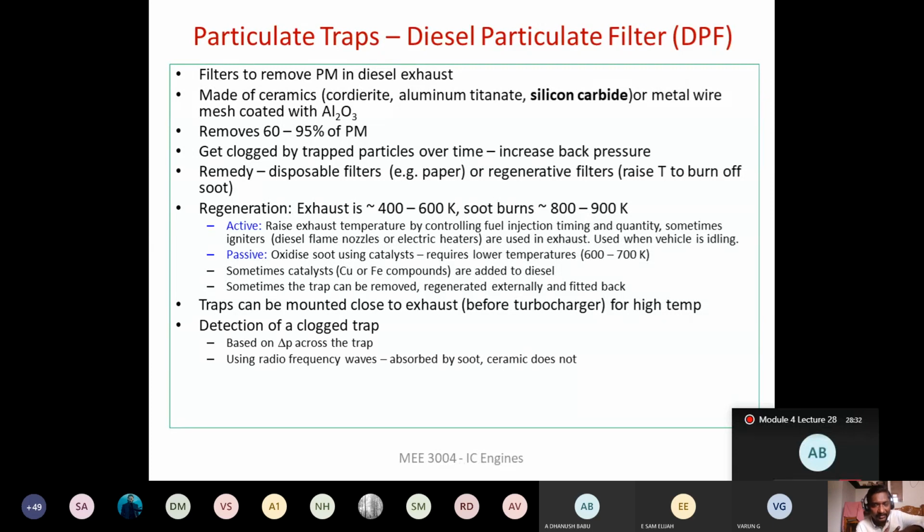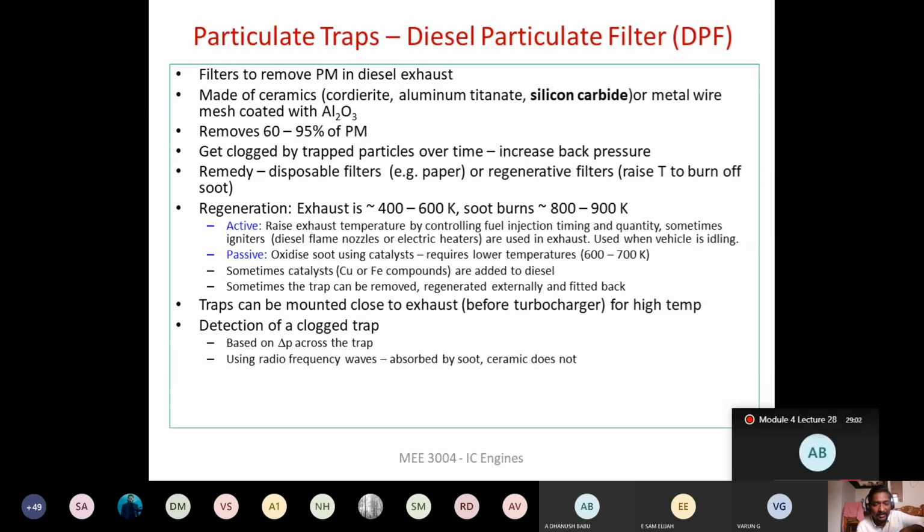So how will you identify whether your diesel particulate filter is clogged or not? By measuring the pressure drop. This is one option. Or when you give the vehicle for servicing, they will generate radio frequency waves. If the filter is not clogged, if it is very clear, then only ceramic material is going to be there, and this ceramic material will not absorb the radio frequency waves that we are sending.